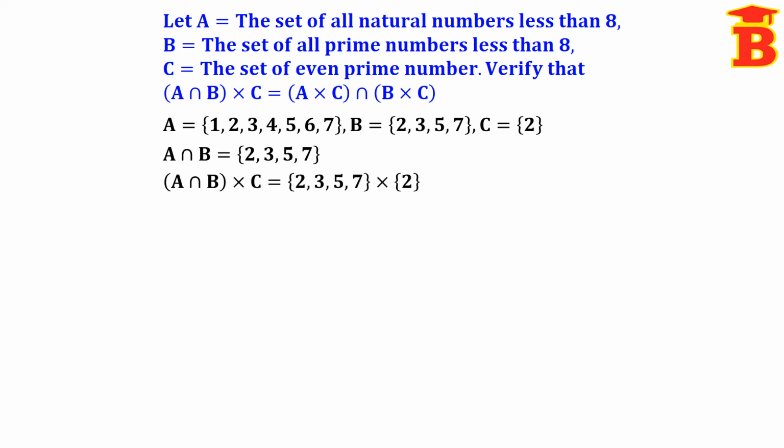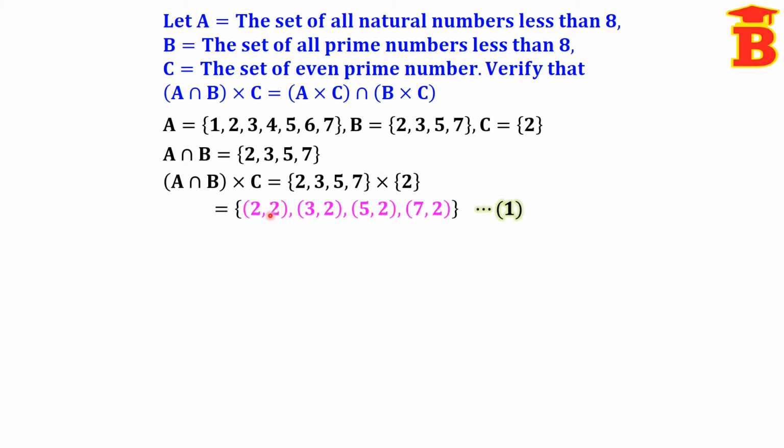Now take the left hand side, A intersection B cross C. A intersection B is 2, 3, 5, 7, cross the set C, which is the number 2. We have to take the cross product, that means combine and write all the ordered pairs. So take the number 2, combine with this number 2, that is (2, 2).